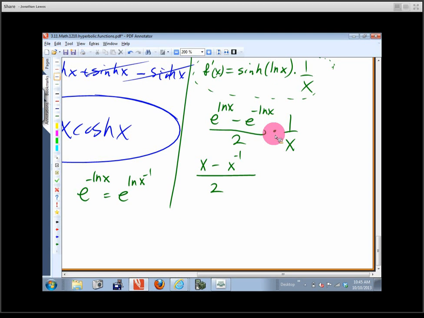Any questions? Okay. Then we times that by 1 over x. So this is going to be x minus 1 over x, over 2, times 1 over x. However you simplify it, it doesn't matter to me. So I would do x squared minus 1 over x, over 2x. Is that okay?